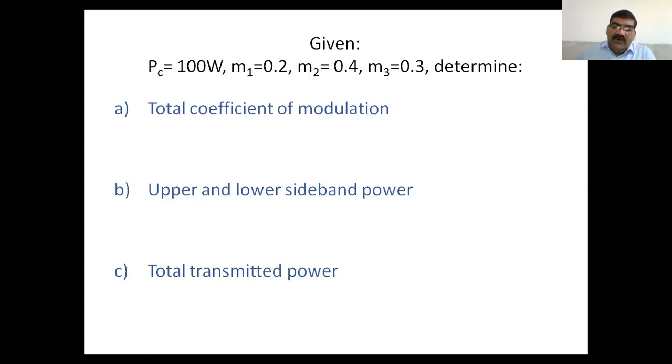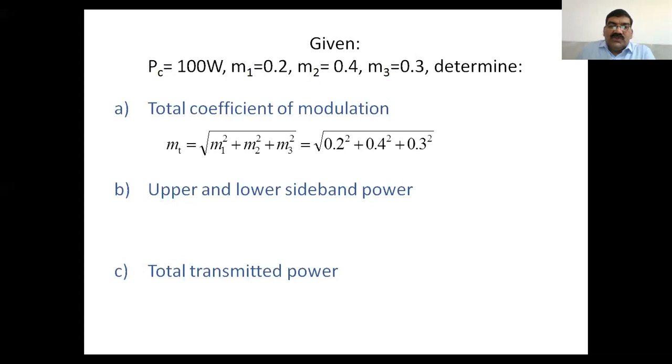Can anybody give me the formula? This is the formula: MT equals square root of M1 square plus M2 square plus M3 square, that is 0.2 square plus 0.4 square plus 0.3 square, under root of this. I'm expecting the answer for this. I got an answer from Aditya, and I hope that is correct.